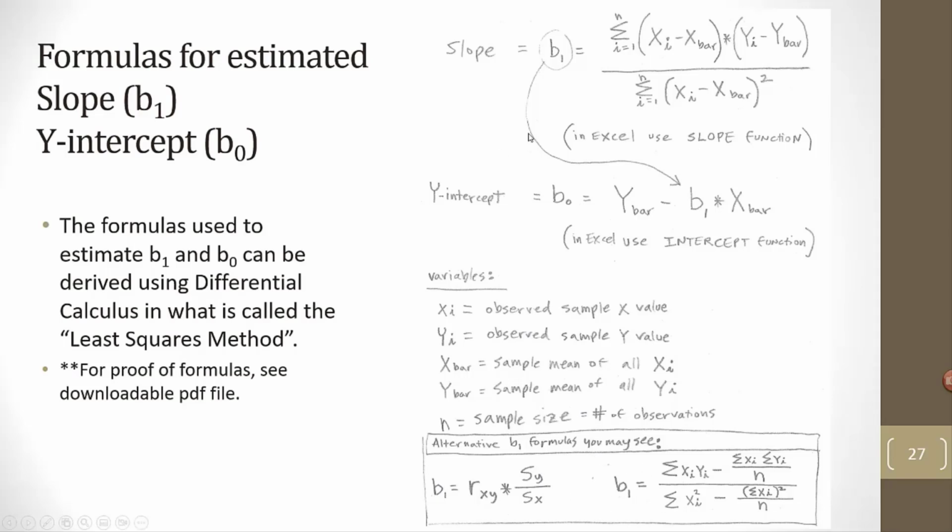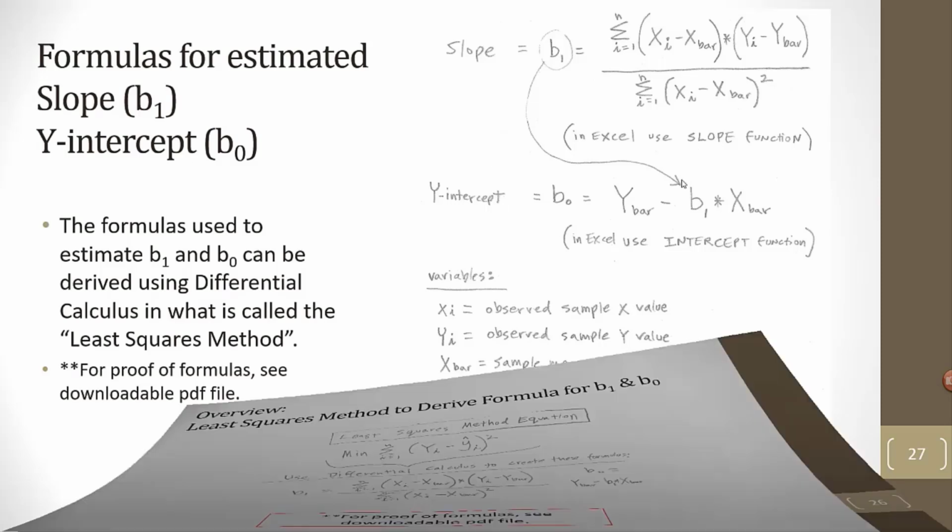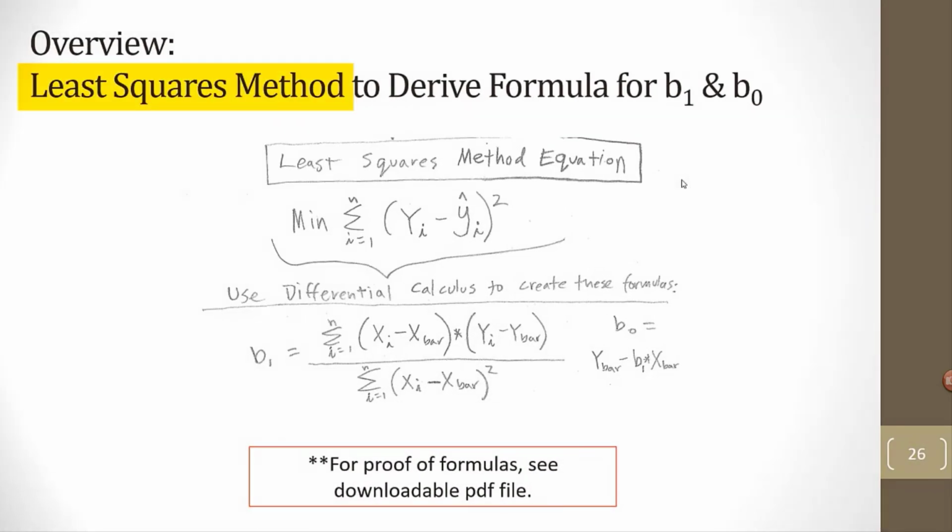Now let's talk about how this formula was created. I'm going to go back to slide 26. The least squares method was used to derive the formula for slope. It minimizes this component right here and then uses differential calculus to get to this. Knowing how to derive this formula is not required for this class.